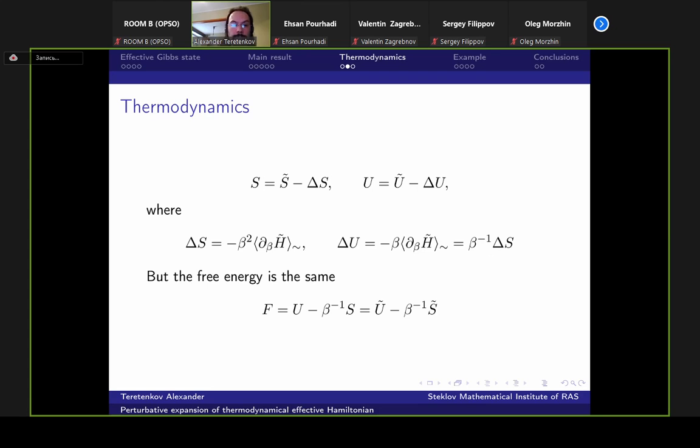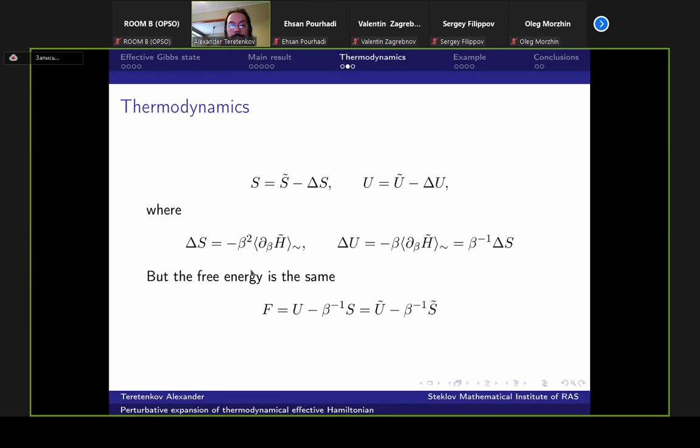So this is some kind of information loss. I took the minus sign here to make it always a positive function. It is possible to prove that it is always positive.